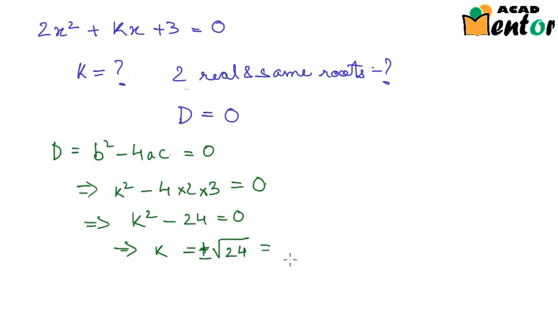Both are valid. So √24 is 2√6. So if the value of k is +2√6 or -2√6, the discriminant would be 0 and we will get two real roots which are repeating, or which are the same.